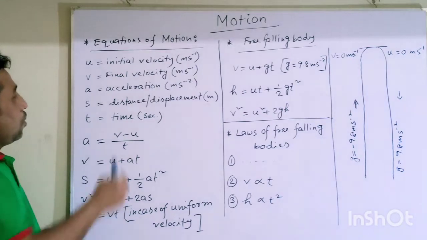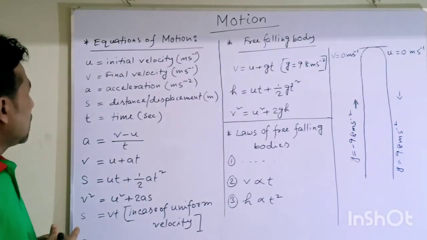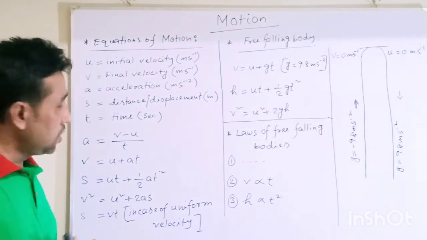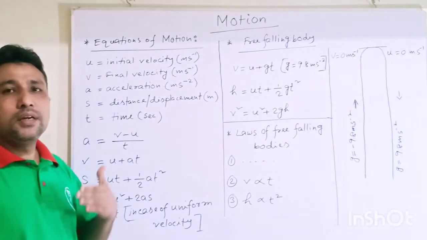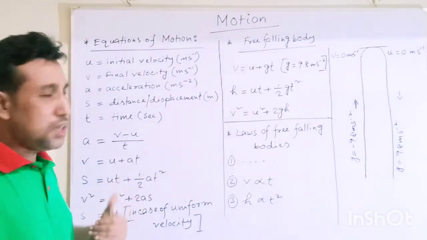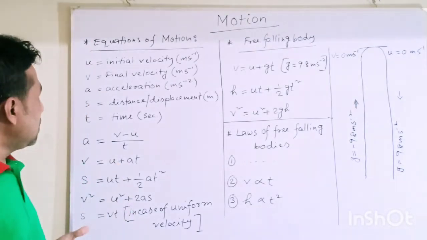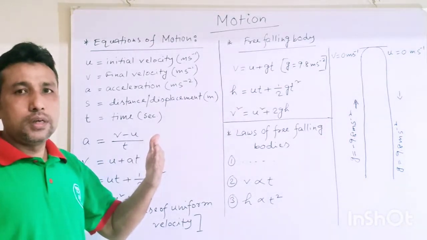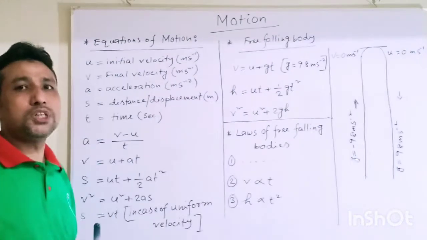Let us know what we mean by acceleration. Acceleration means the rate of change of velocity of an object. The rate of change of velocity may be increasing or decreasing. When an object increases its velocity, it accelerates, positively accelerates.